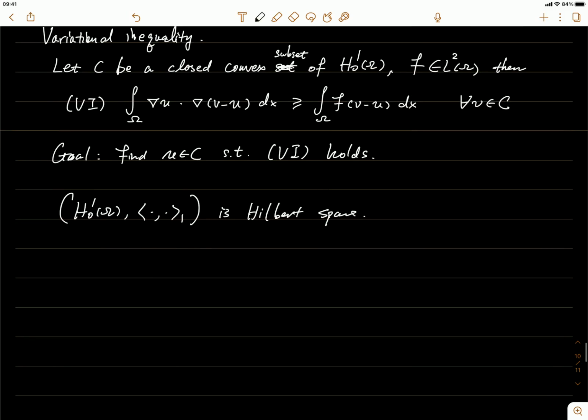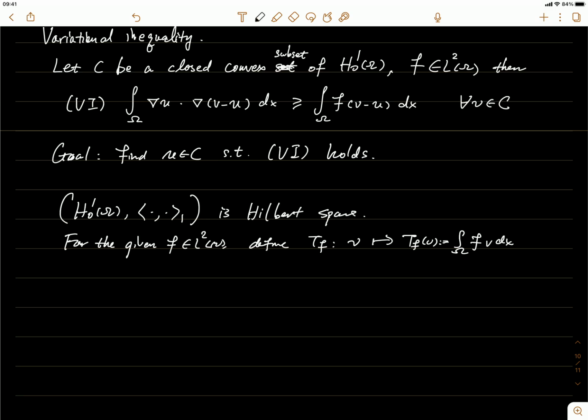And then for the given f, we again define a bounded linear functional, as we did before, a bounded linear functional Tf that is a mapping from any v to Tf of v, which is defined to be the integral of fv over this omega. And we showed before that this Tf is a bounded linear functional.